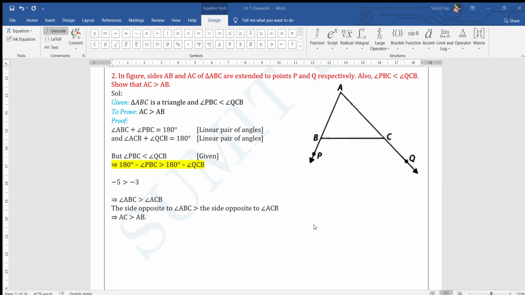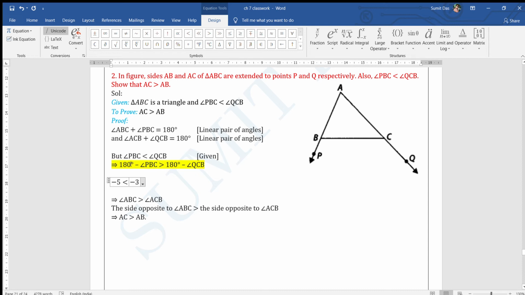Is minus 5 greater than minus 3? No, because whenever this minus sign is there, the sign has to change. First it was PBC less than QCB, so when it is minus PBC, the sign will change. It will be greater than minus QCB.